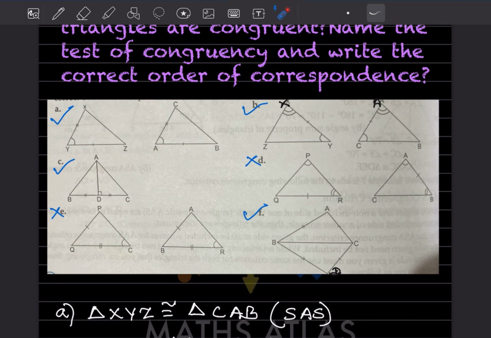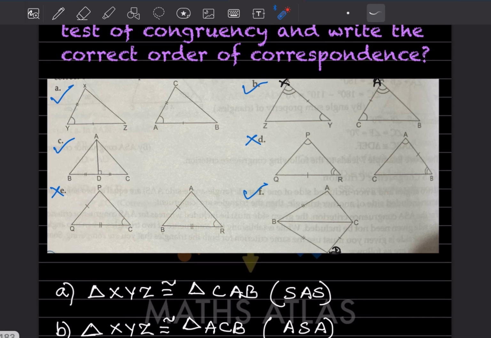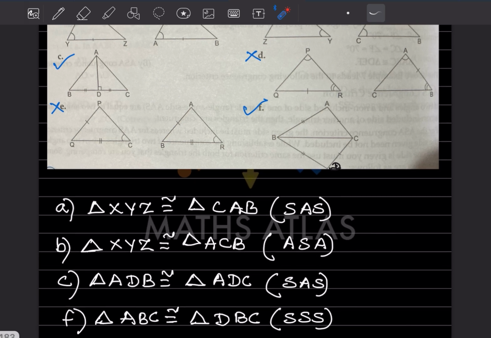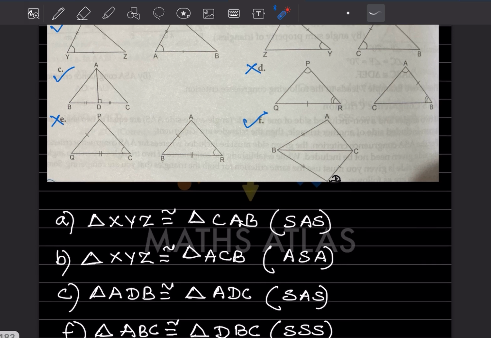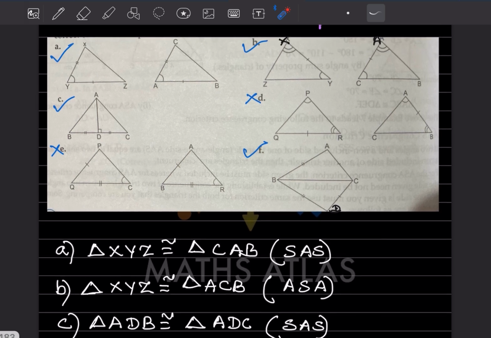Here this side and this side are the same, this angle is the same, but this is side side angle. We don't have any test of congruency for SSA. We have SAS, ASA, SSS. So this is not congruent.